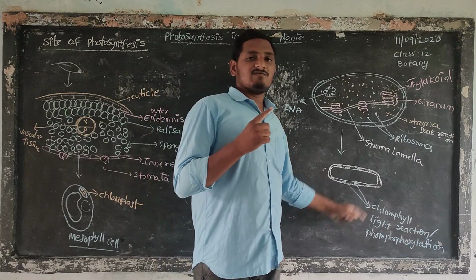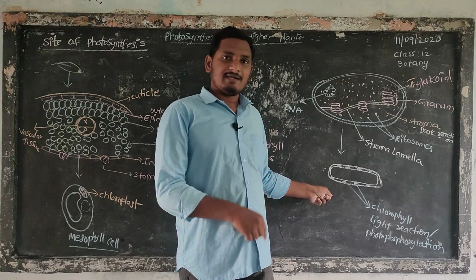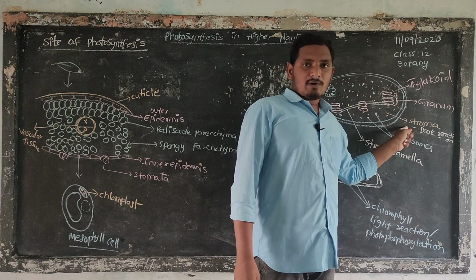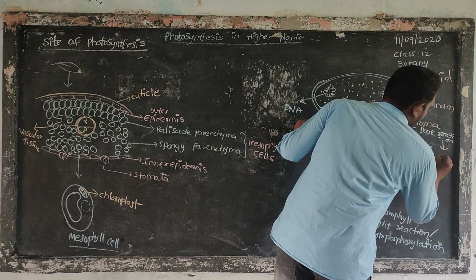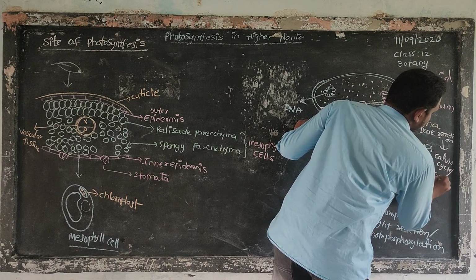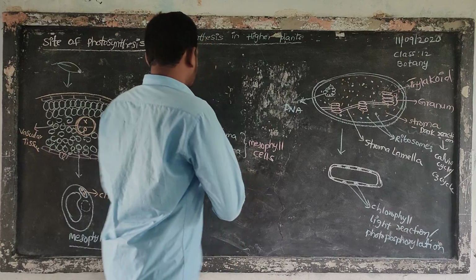One is the light reaction, the other is the dark reaction. The light reaction takes place inside the thylakoid. The dark reaction takes place in the stroma. The dark reaction is also called the Calvin cycle or C3 cycle.